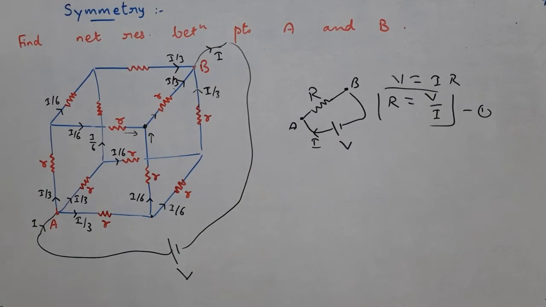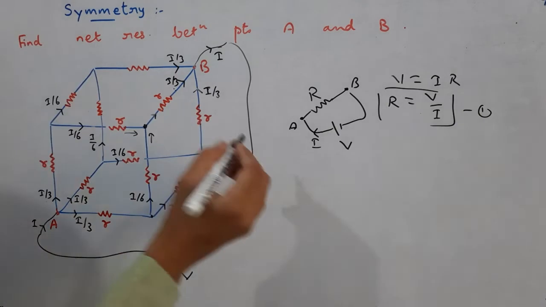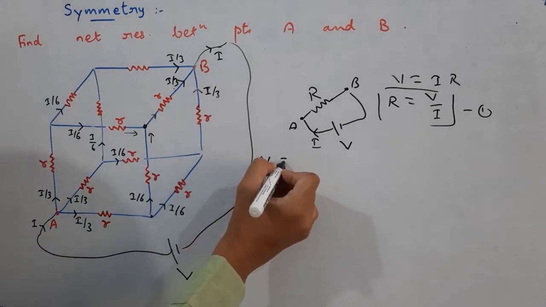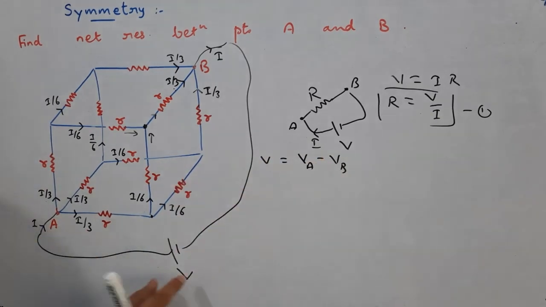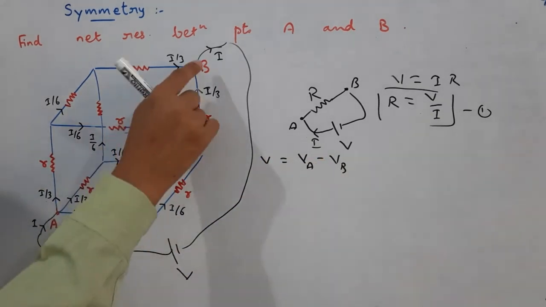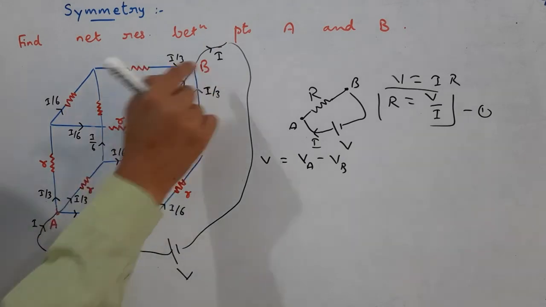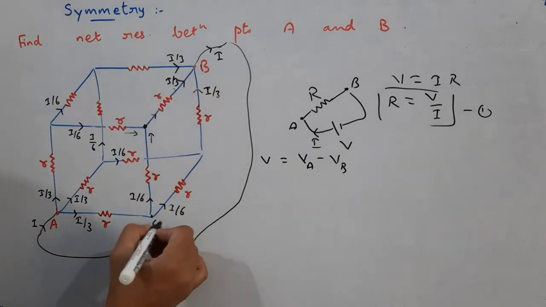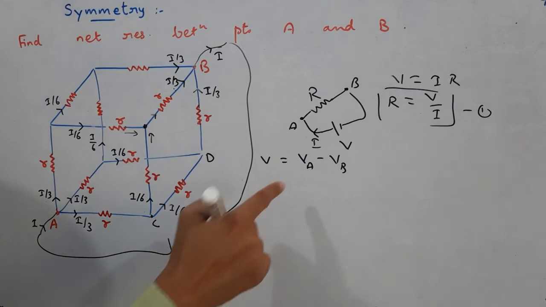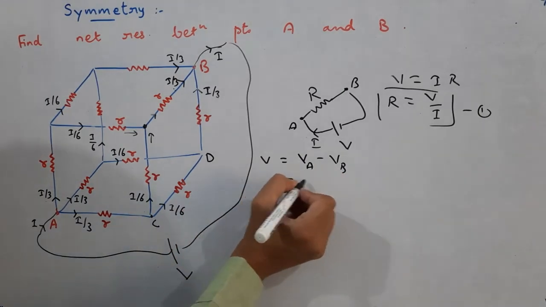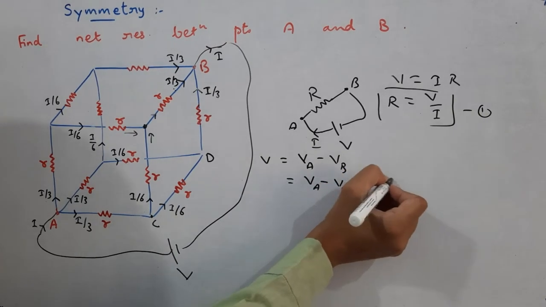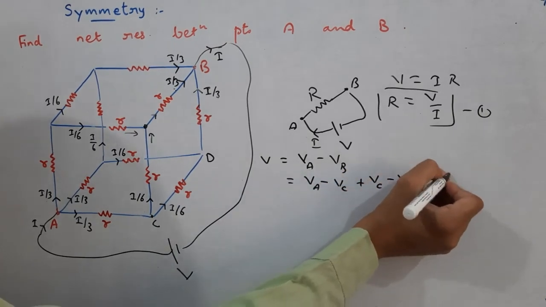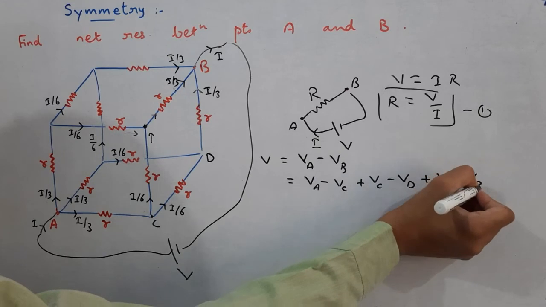Now next I would like to discuss how to find this ratio of V by I. For that, you see that V is nothing but the potential difference between points A and B. V is the potential difference between these 2 points, because the battery is connected between points A and B. Let me choose this point as C, this point as D. Now VA minus VB, I can write it like this: VA minus VC plus VC minus VD plus VD minus VB.